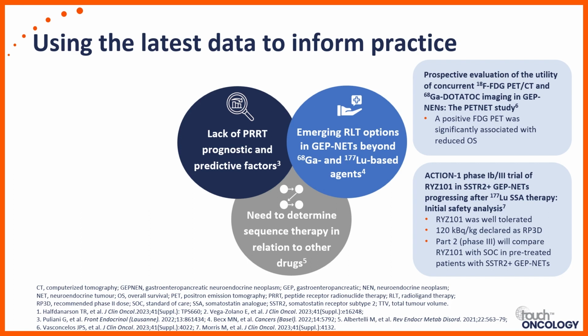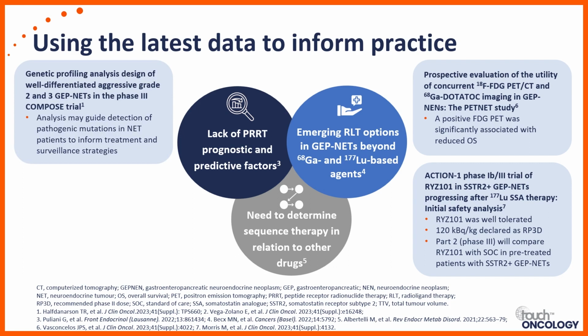We would like to have our patients benefit from the genomic profiling, kind of modern medicine, the next generation sequencing, to see if this helps predict which patients will benefit more from PRRT or less, and help us guide therapies in the future. So this is something that's being looked at in conjunction with the COMPOSE trial.